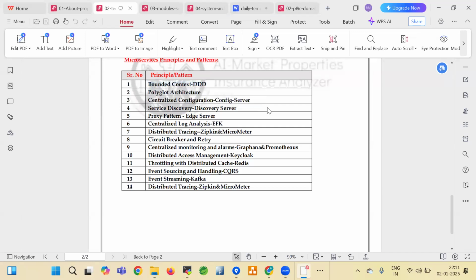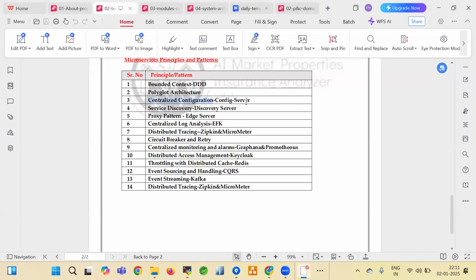So whenever we start the implementation, first I'll give you the complete picture of the bounded context. What is domain-driven development, and what is the bounded context, and how the microservices will be aligned into the bounded context, and what if there could be a shared bounded context? Is there any possibility of having that? We're going to discuss all those.